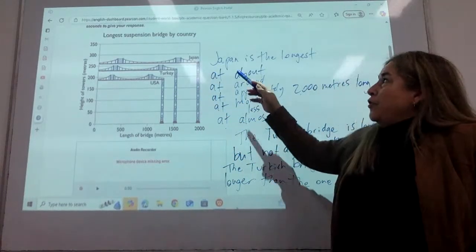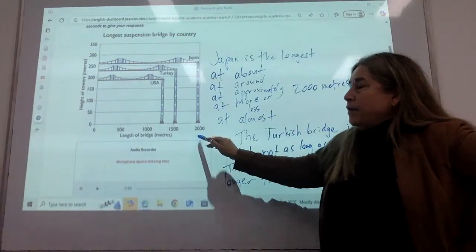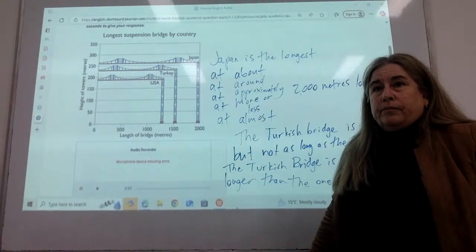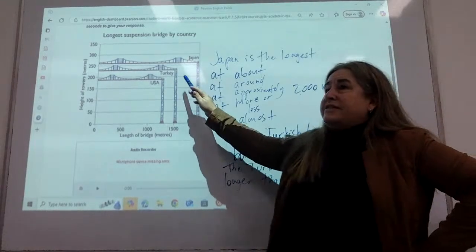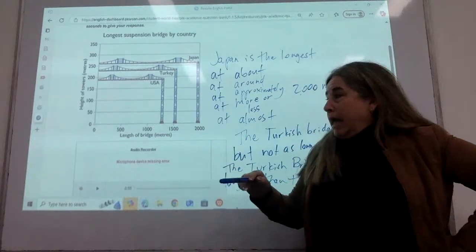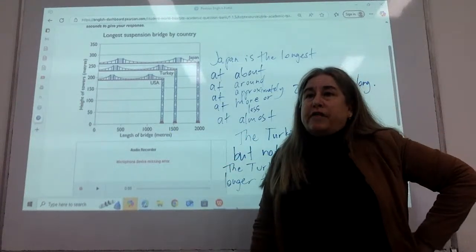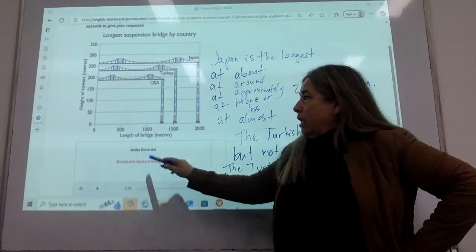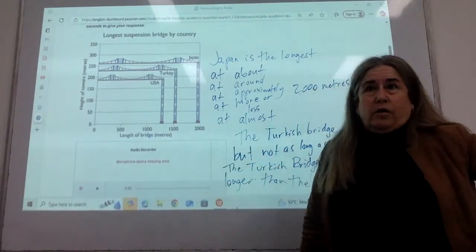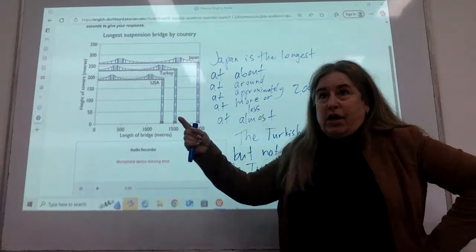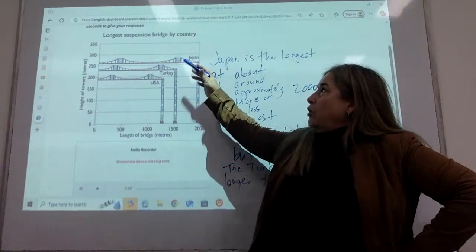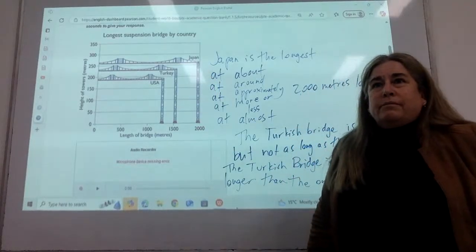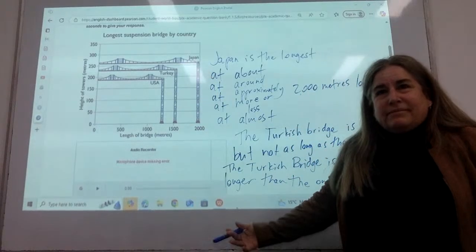It shows the longest is Japan at about 2,000 meters long. It also shows the second longest is Turkey at about 1,500 meters long. It shows the shortest is the USA at about 1,000 meters long. In conclusion, the image is showing the longest suspension bridge by country. And that, see?